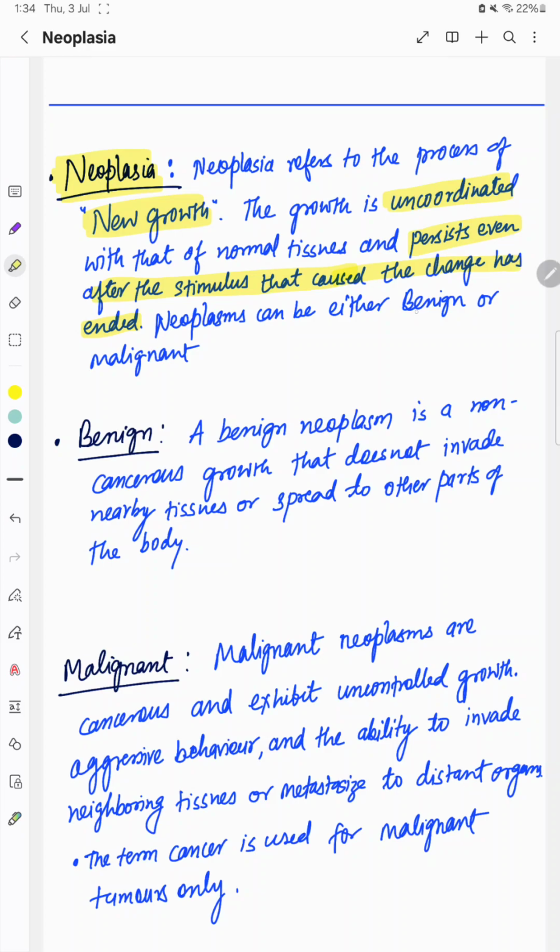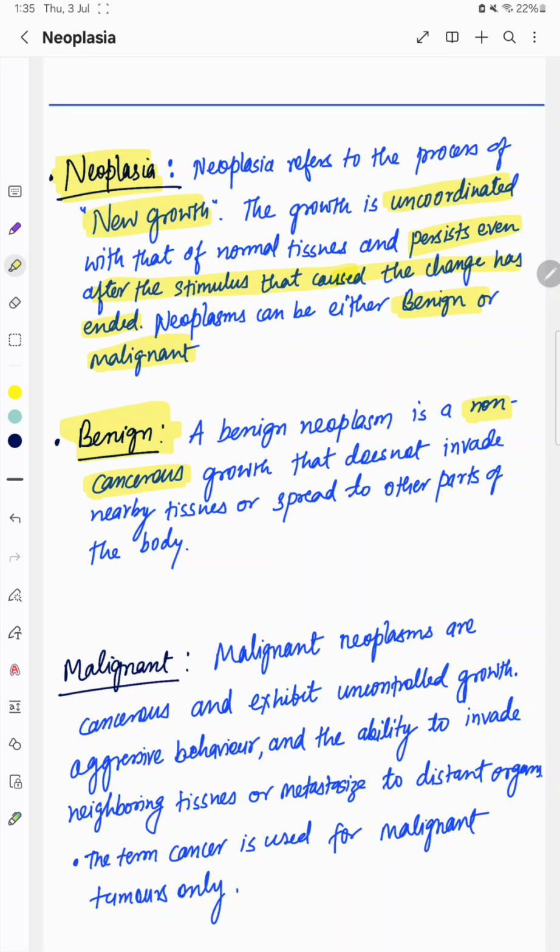Neoplasm can be benign or malignant. So, what is a benign neoplasm? A benign neoplasm is a non-cancerous growth that does not invade nearby tissue or spread to other parts of the body. This spread to other parts of the body is known as metastasis.